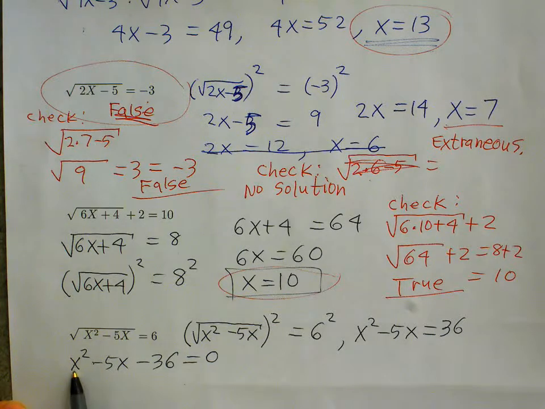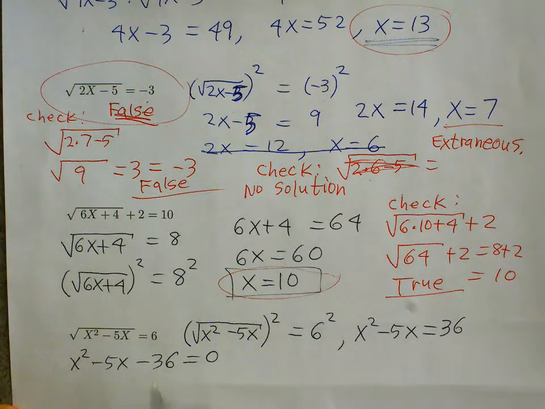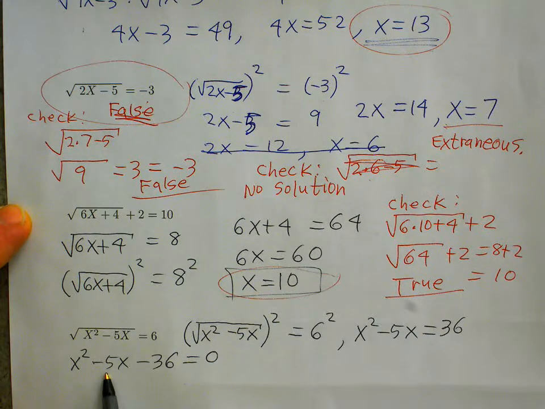Okay, to factor x squared minus 5x minus 36, we can use the AC method. 1 times negative 36 is negative 36. And two integers that have a product of negative 36 and a sum of negative 5 are negative 9 and positive 4.